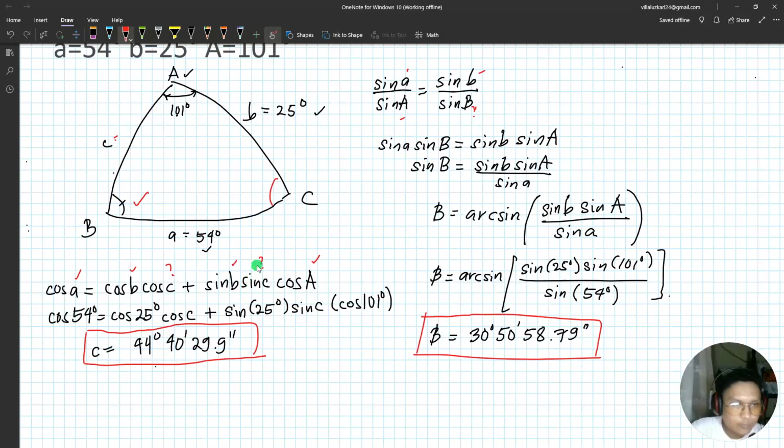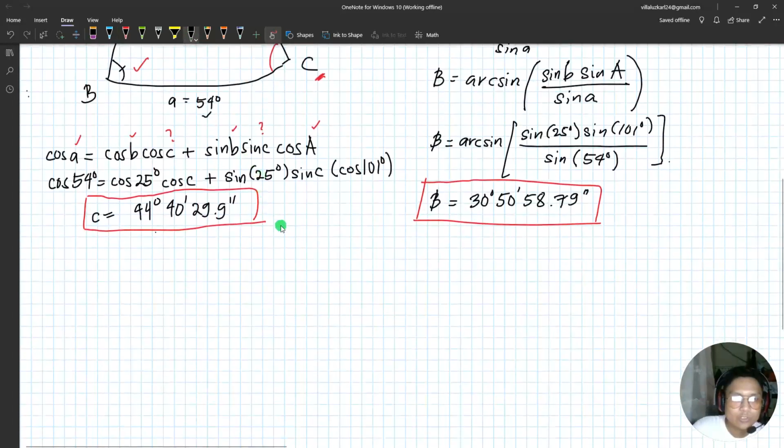To solve angle C, we will just use the sine law.